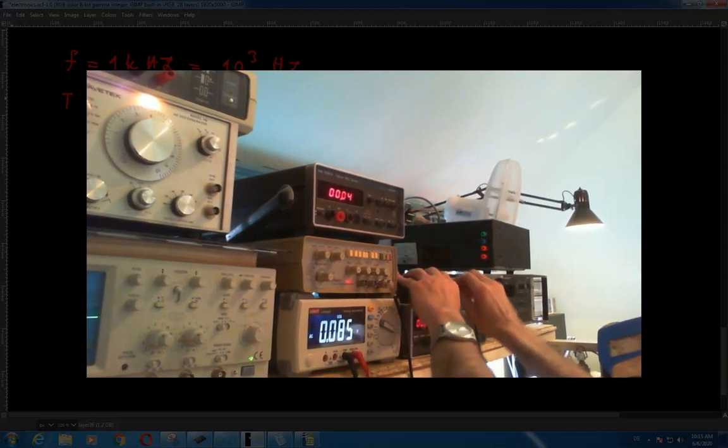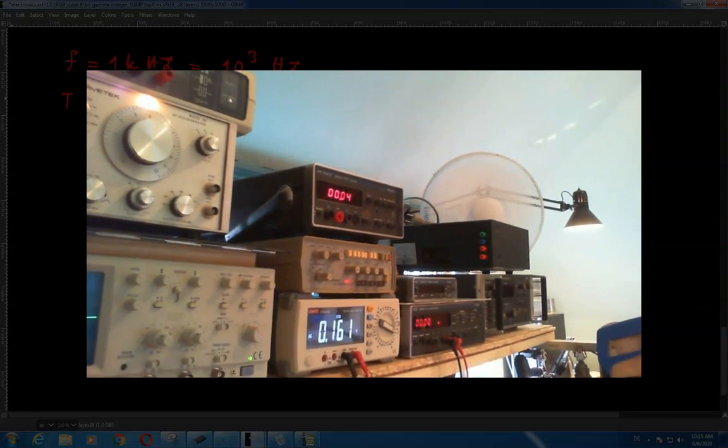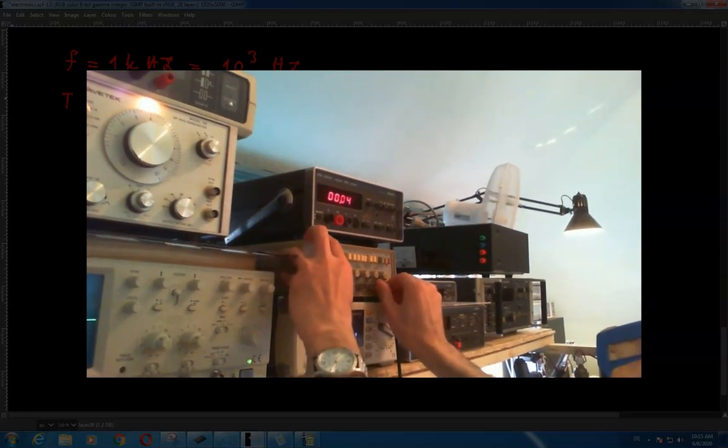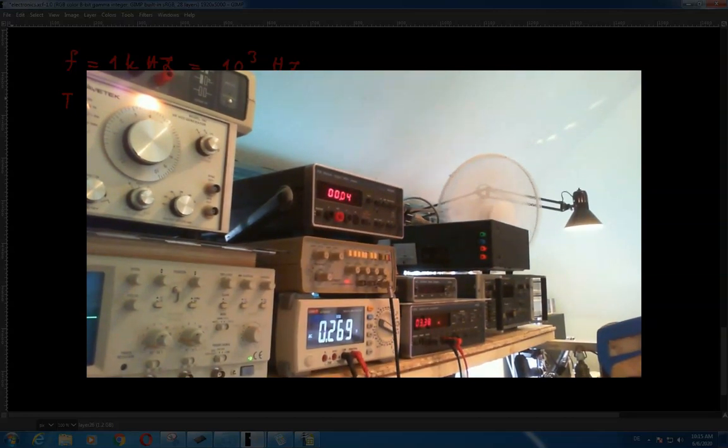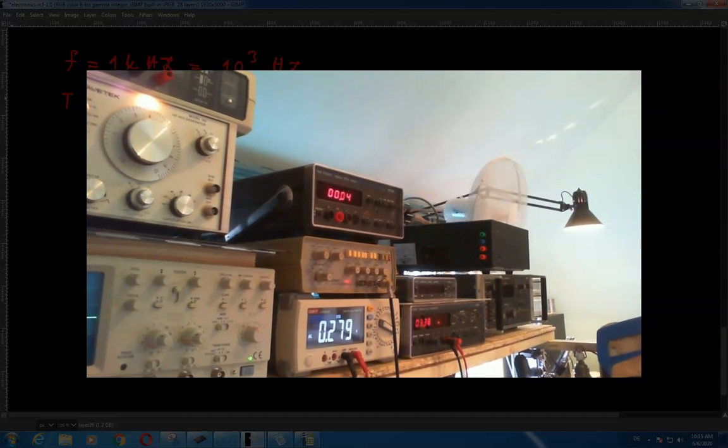So now what I'm going to do is connect this back to this meter, and you can see that I have the exact 3.38 volts that I had before, but now this meter will be able to see the voltage as well, because now we have decreased the frequency to 1 kilohertz, and it can read 1 kilohertz without any problems.